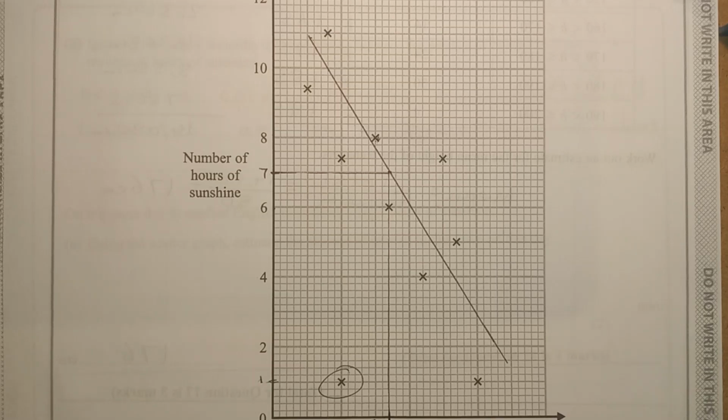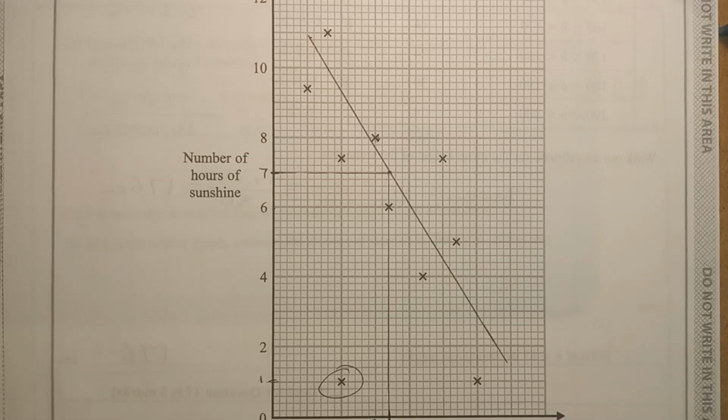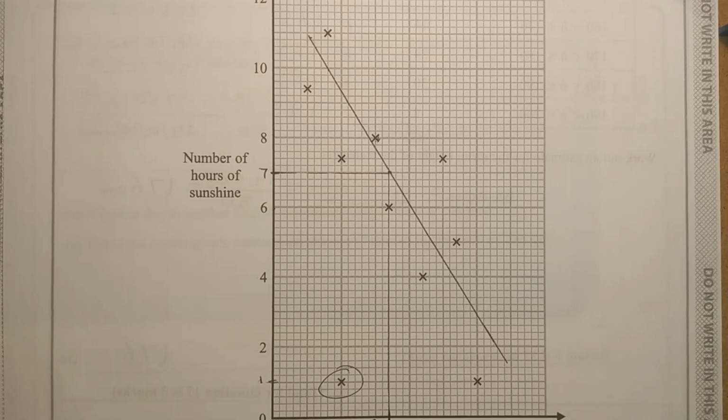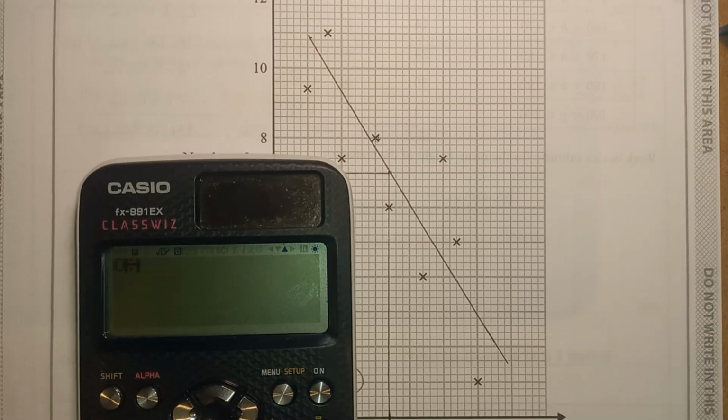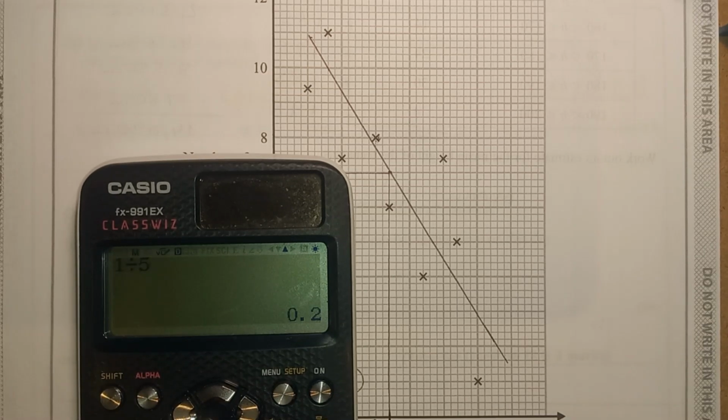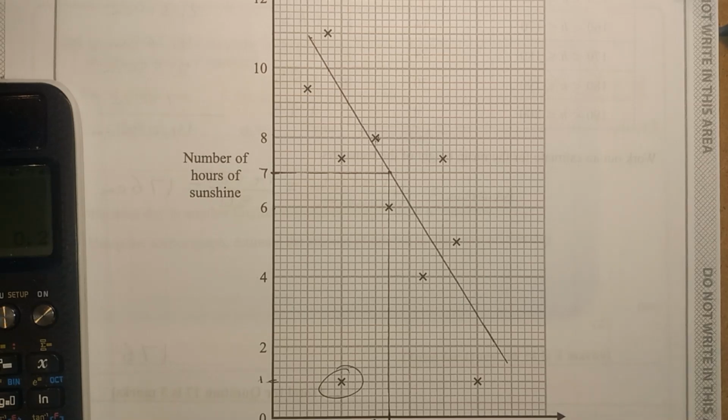Now we've got 5 little boxes between 1 millimetre of rainfall. So if we do 1 divided by 5, it's going to tell us what each of these little boxes is worth. So 1 divided by 5, or a fifth, is 0.2. So that means that that would be 3.2.